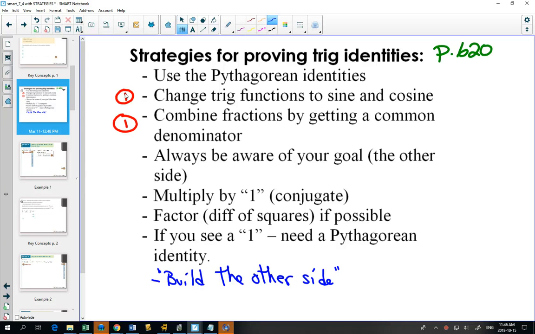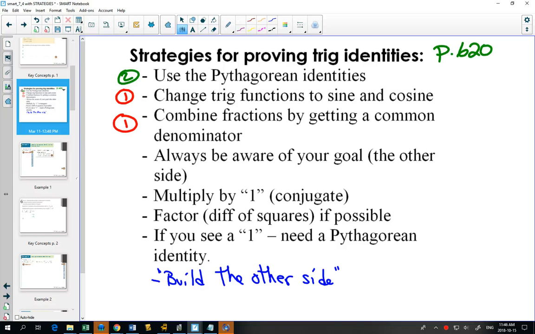Today, I'll label this number 2. We were introduced to the Pythagorean identities. So look for them. If you have sine squared, cos squared, tan squared, cotangent squared, cosecant squared, or secant squared, it may be that one of those is a shortcut to doing things quicker.